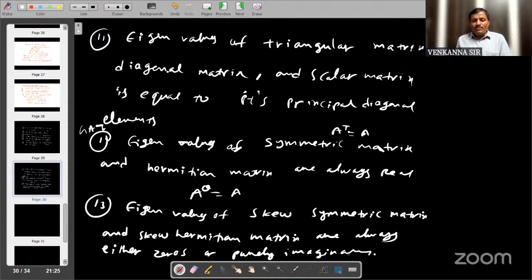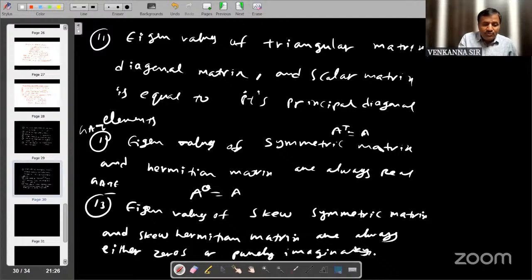This is also a previous GATE question, also repeated 2 times. These two are very, very important. Straight bits, no need to do any mathematics. Eigenvalues of a symmetric matrix are always real. Eigenvalues of a skew symmetric matrix are always either zeros or purely imaginary. Skew Hermitian matrix also, either zeros or purely imaginary. That's a very, very important point. Hope all of you understood.